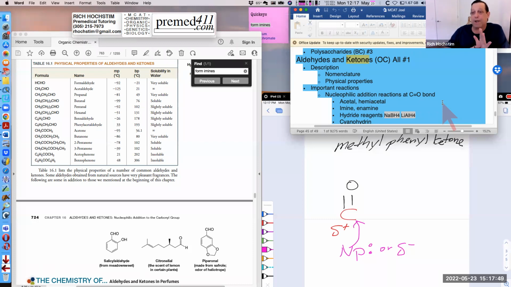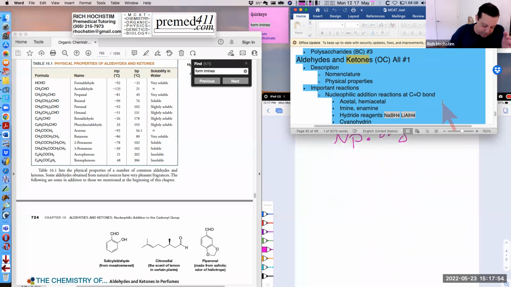So the first thing we're going to look at is acetals and hemiacetals. So what happens is if we start with something like this, so there we have an aldehyde. We can react this with one alcohol and H+.